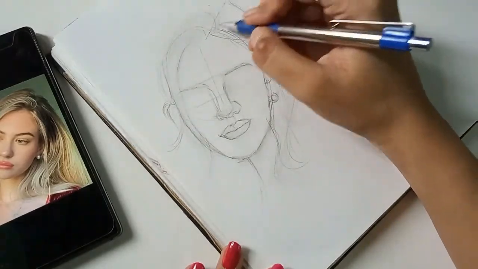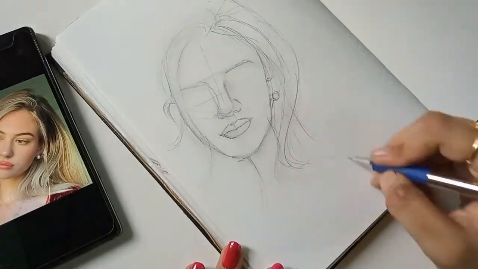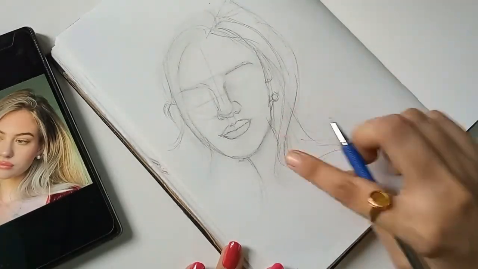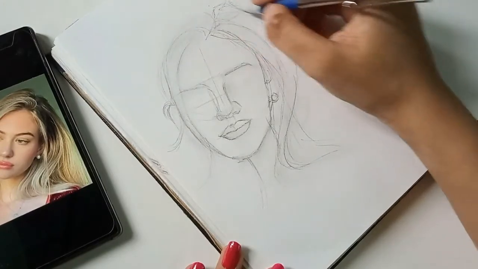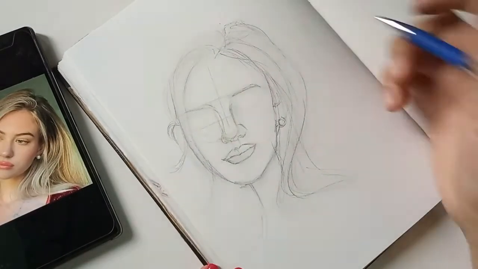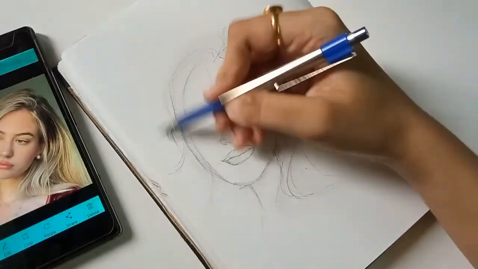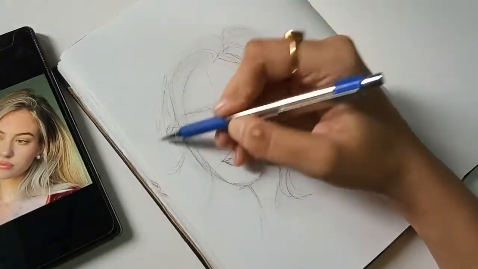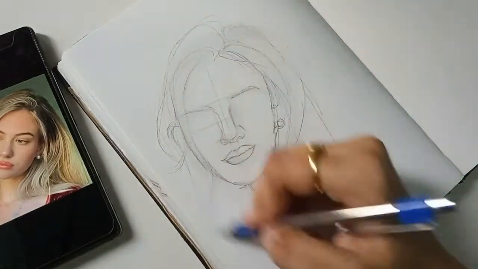I mean, first I should know what a basic head looks like. This is what I thought. I wanted to know where all the features are normally positioned. What should be my style and approach of drawing? It was important for me to answer these questions first.